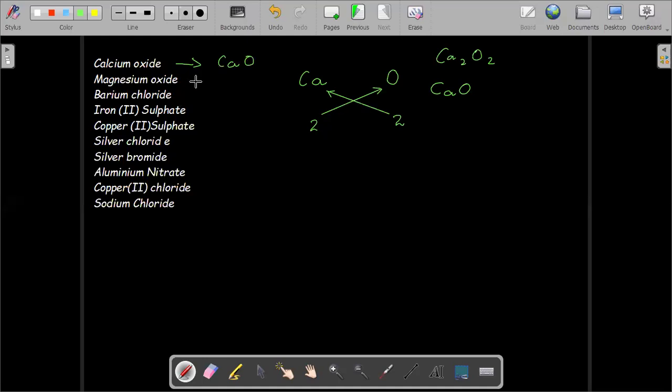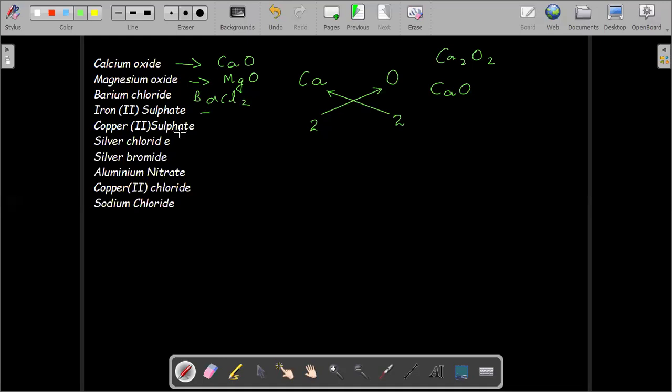The formula for magnesium oxide would be MgO. For barium chloride, barium has the valency of plus 2, chloride has the valency of minus 1. So barium chloride will be BaCl2.